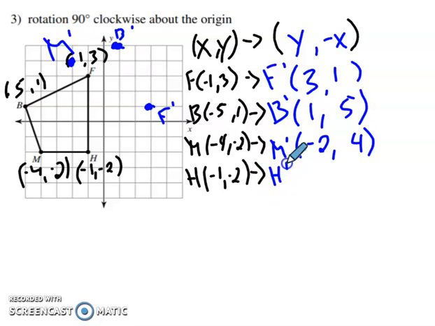So H prime, again, we switch the location, negative 2, comma negative 1, and we take the opposite value of what our x was. Our x was negative 1. The opposite of that is positive 1. So we have negative 2, 1. And that's going to be our H prime.